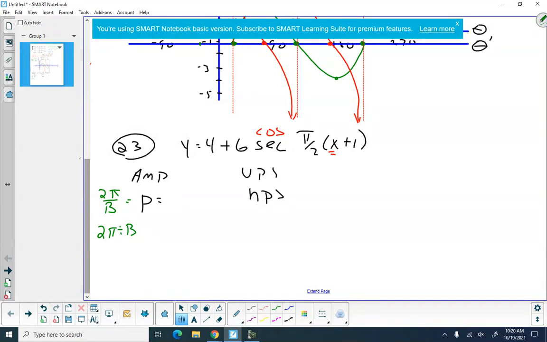When dealing with radians, as you do more of these, you're just multiplying your denominator by 2 each and every time, because you're going to flip your fraction. The pi's are going to cancel out. It's going to be 2 times whatever your denominator is. So go ahead and calculate the amplitude, period, vertical, horizontal phase shift.